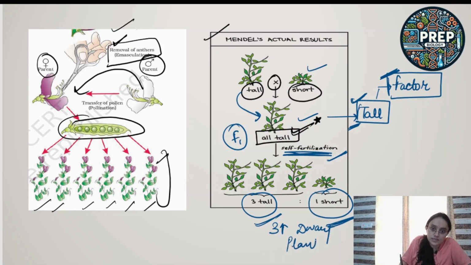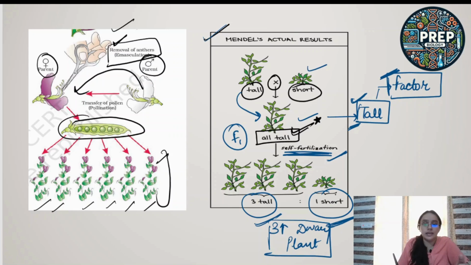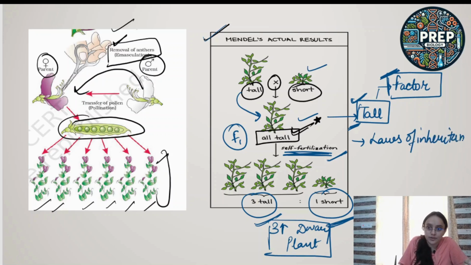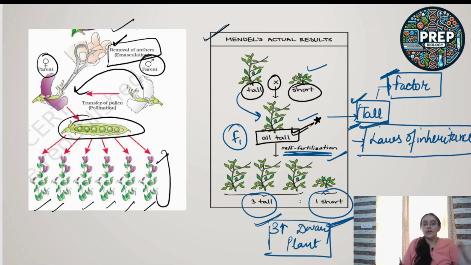So this is the experiment he has done, and from this experiment he concluded a number of laws of inheritance that we will study in the next class. I hope this whole experiment is clear to you all.